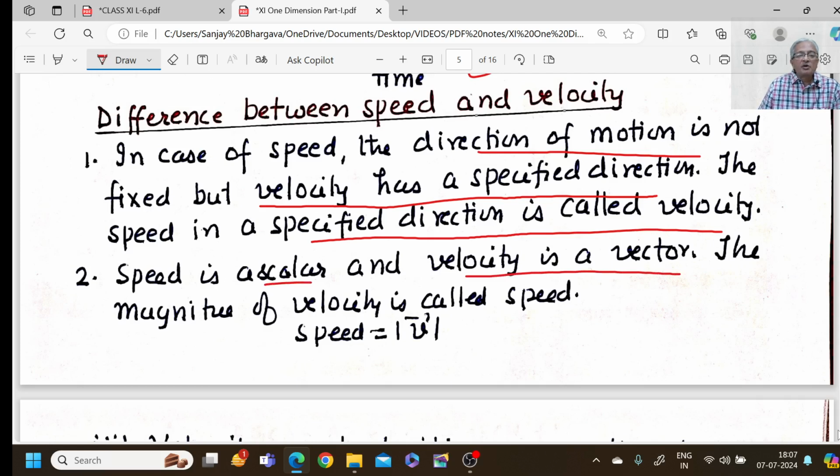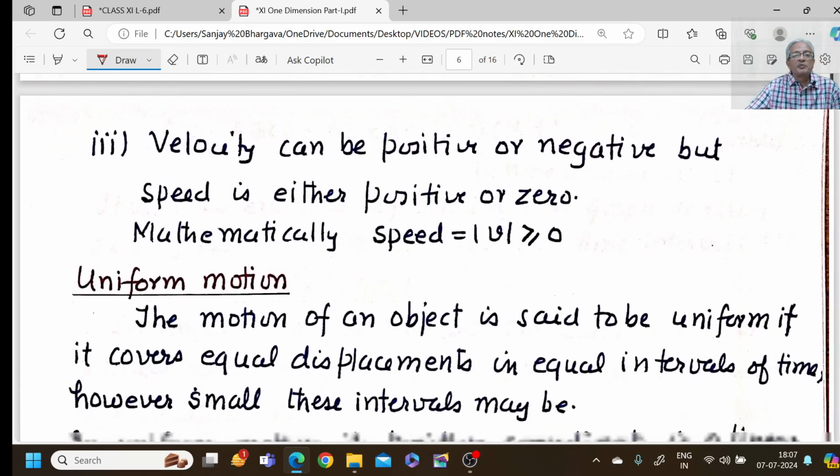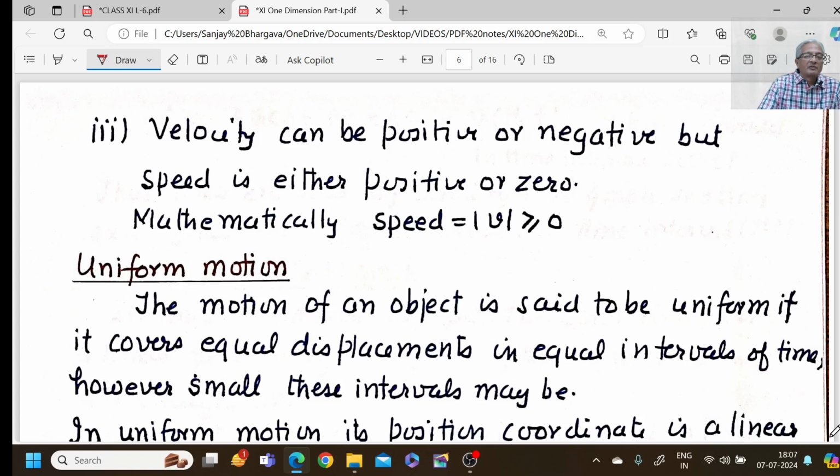The magnitude of velocity is called speed. So speed would be equal to the magnitude of velocity. Velocity can be positive or negative, but the speed is either positive or 0. Mathematically, speed is equal to the magnitude of the velocity and is greater than or equal to 0.